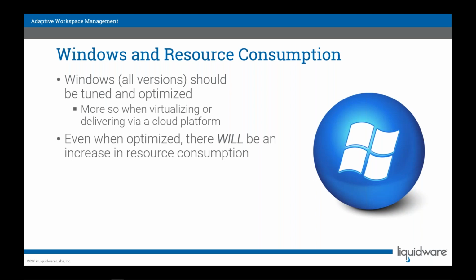The message here that's really important as it relates to Windows and resource consumption is even when optimized, there will be an increase in the resource consumption over both the near and the long term, given the state of change and given the pace of change provided to us by Microsoft in the evolution of Windows 10.